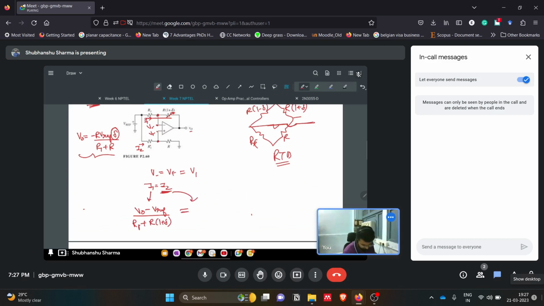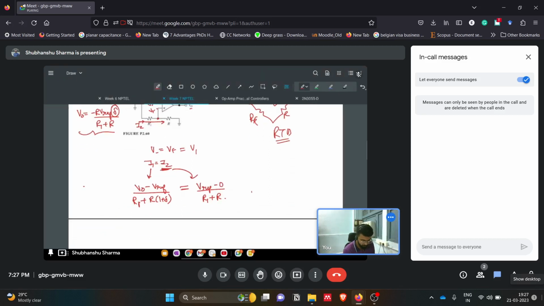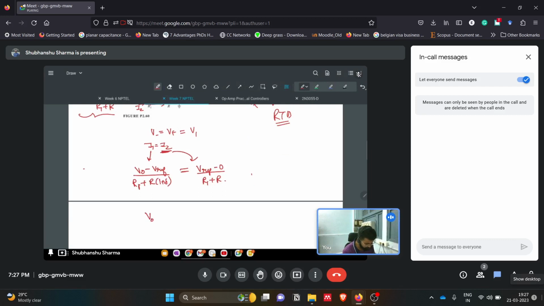I2 is V ref minus 0 by R1 plus R. This whole current is going through this whole branch, I2, and this current is going through the whole branch I1 till V naught. So we get V naught equals R upon R1 plus R times V ref times delta. By solving this, we get this.